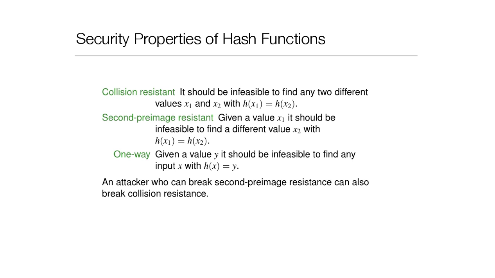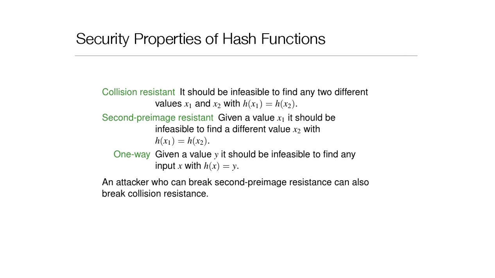You can pick any two values which satisfy the requirement h of x1 equals h of x2, and to satisfy that you can find any two values x1 and x2.